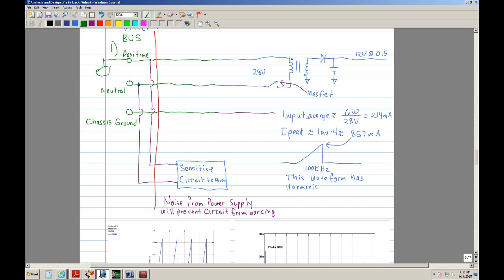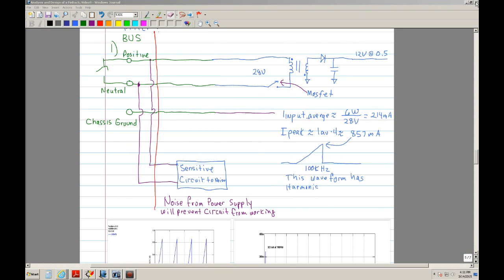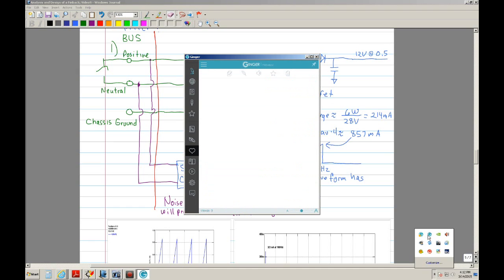Let me redo this. There seems to be a little lag in the software. Let me shut down some of the other software that is running. It's acting a little jittery here.